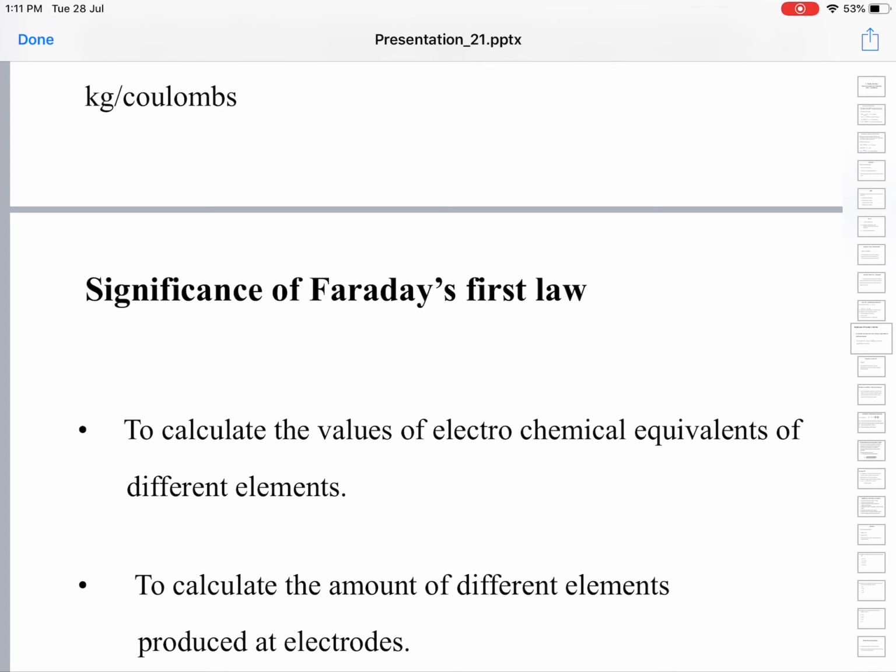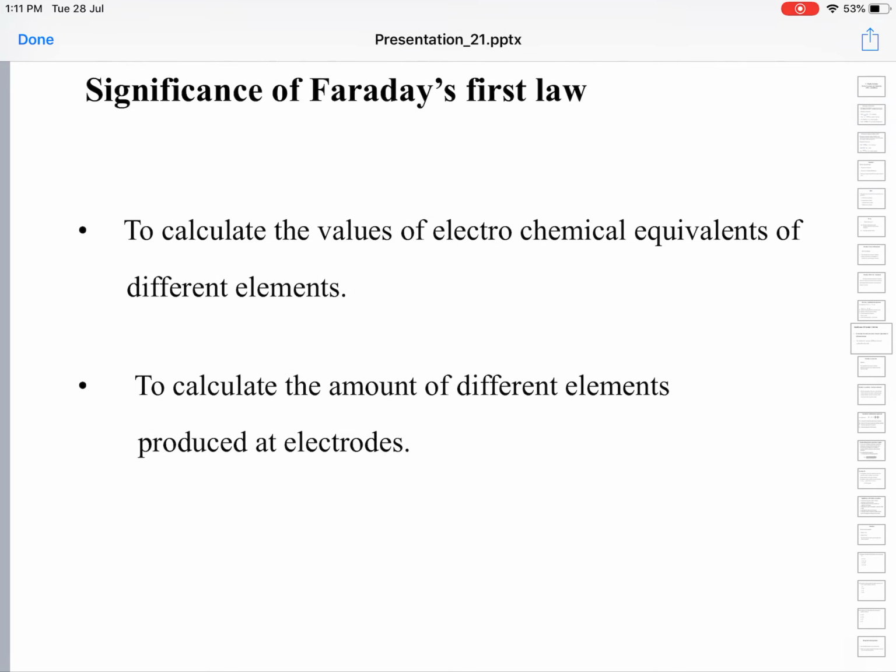The significance of Faraday's first law. What can we do with Faraday's first law? It enables us to calculate the values of electrochemical equivalent of different elements by conducting these electrochemical experiments, by noting down the quantity of electricity passed and the weight of substance deposited or liberated at the electrode.